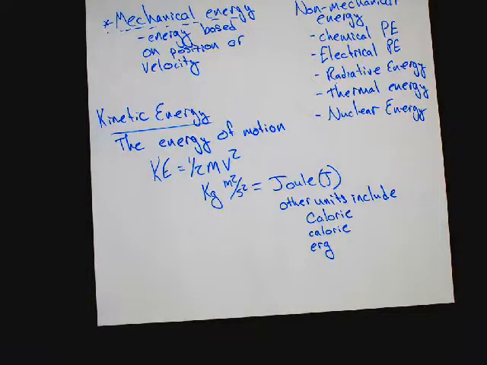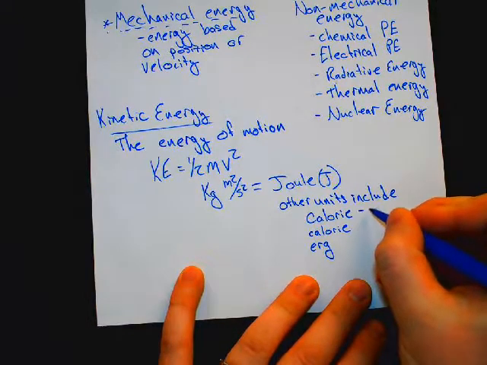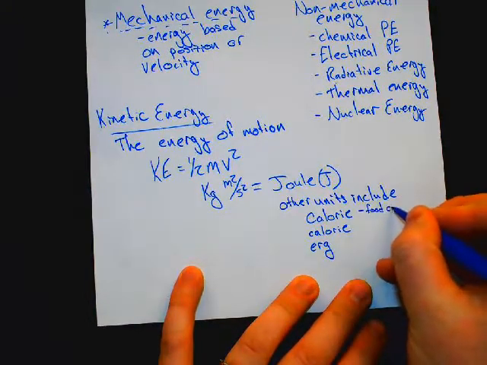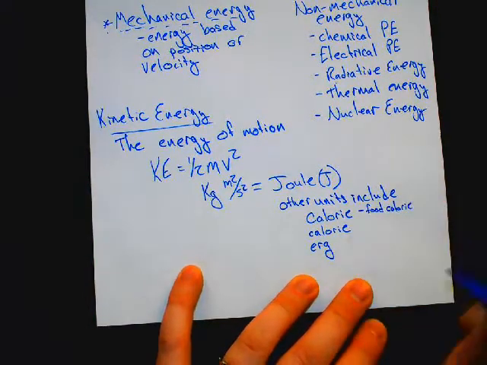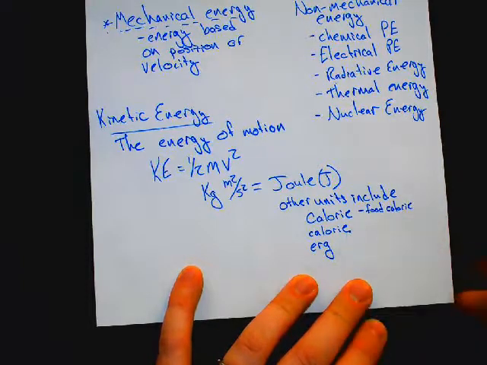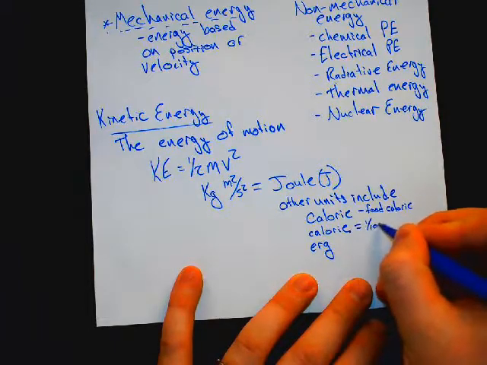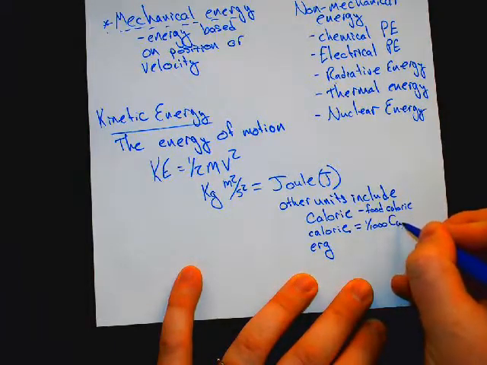What's the difference? He's right. A capital calorie, this is a food calorie. Food calorie. And is equivalent to 1,000 of these calories. So equals 1/1000th of a capital C calorie.